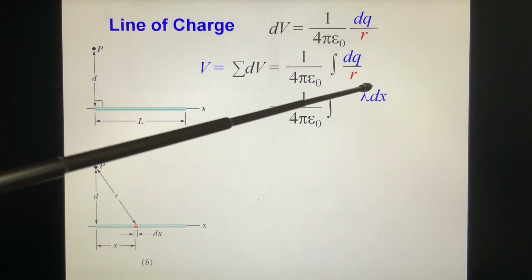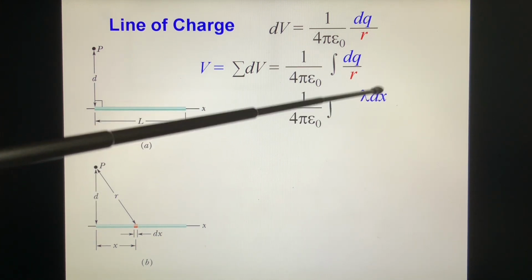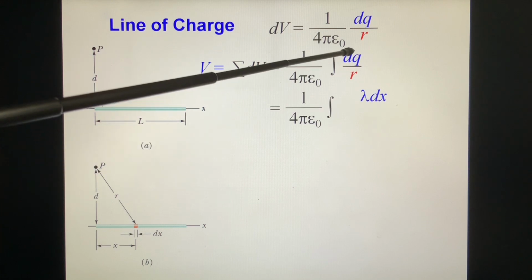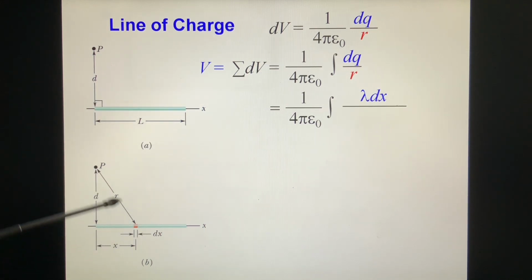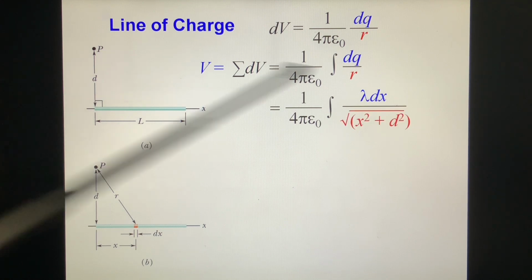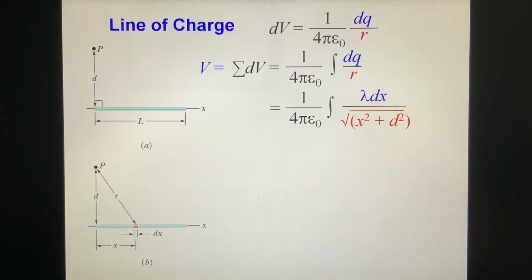And now we have dx, so multiplying gives dq. And R is the square root of d squared plus x squared. Different x has different R. And we do the integration from x equal to 0 to x equal to L. That's it. This is the electric potential produced by a line of charge.